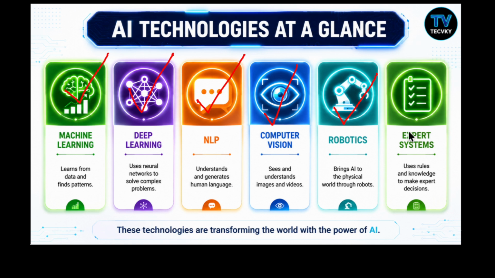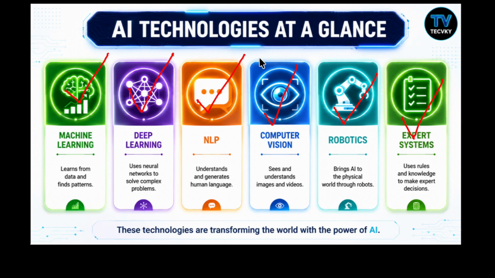Expert systems capture human expertise and use logical reasoning to solve problems. They act like digital experts, helping users make informed decisions. AI is not a single technology. It's a collection of powerful technologies working together to make machines smarter.